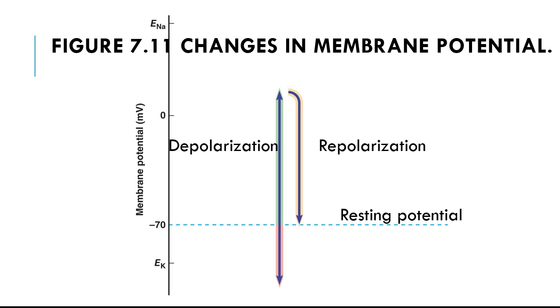Trying to go back to resting membrane potential. Additionally, nerve cells may actually undershoot resting membrane potential. What is that called? Hyperpolarization. Very good. If a cell hyperpolarizes, it becomes even more negative than it was at rest.